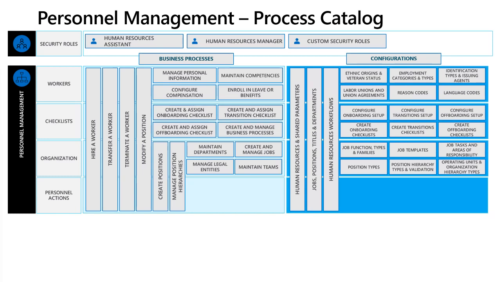To support these processes, there are configurations for job functions, families, templates, tasks, and areas of responsibilities, along with position types, position hierarchy types, and validations, and the operation units, as well as the organization hierarchy types.